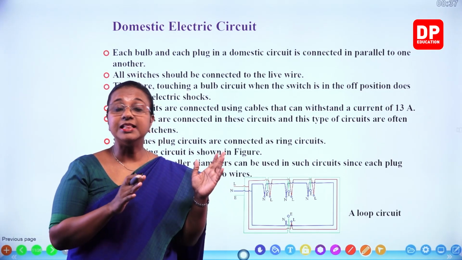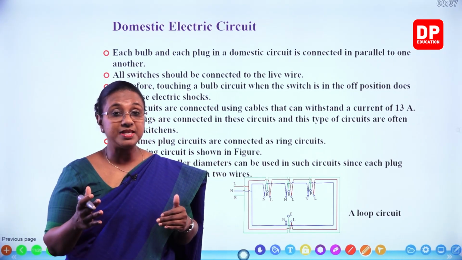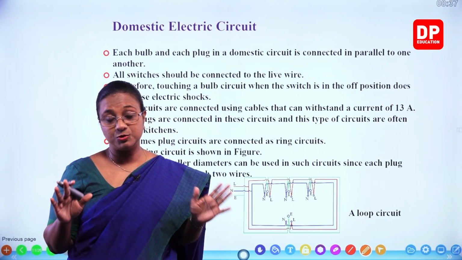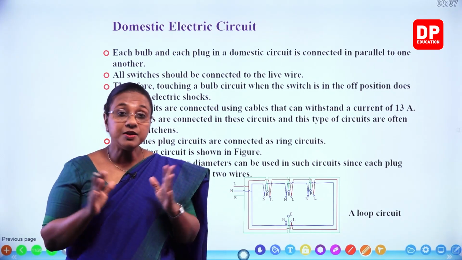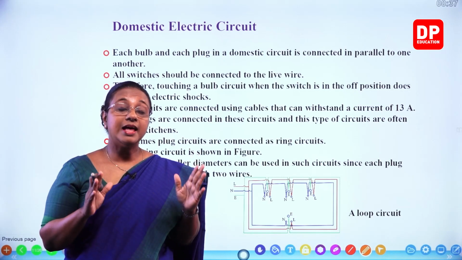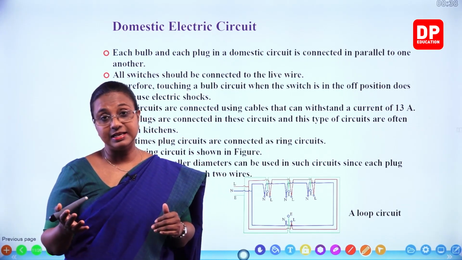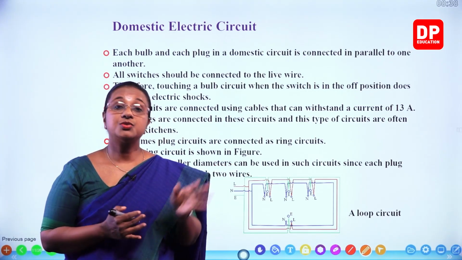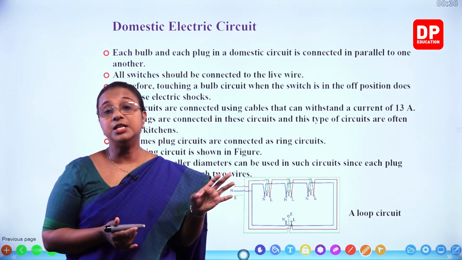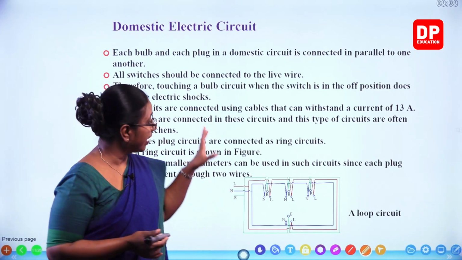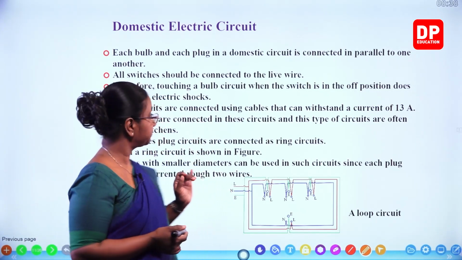So accordingly, there are fuses or MCBs connected in the distribution box. And you are also familiar that all these components are connected in parallel in a household circuit, so that you can operate them individually. So that is what we are going to discuss now.